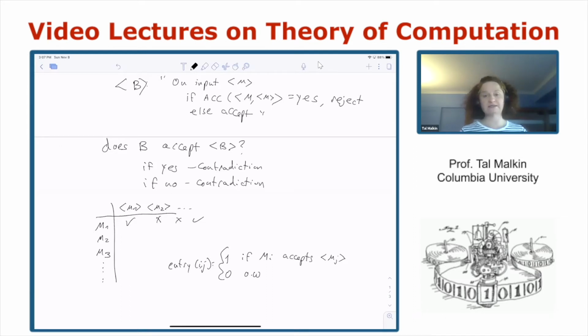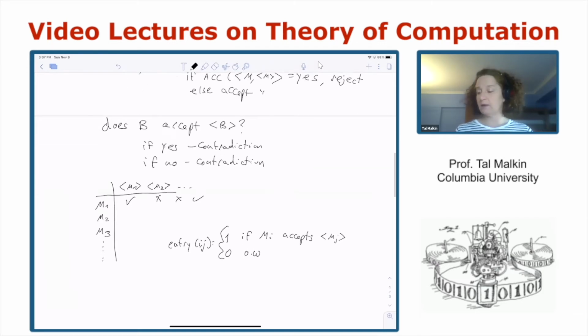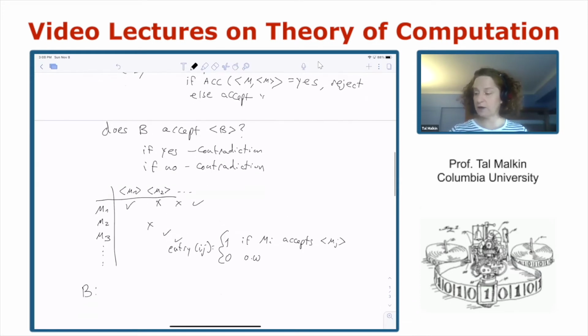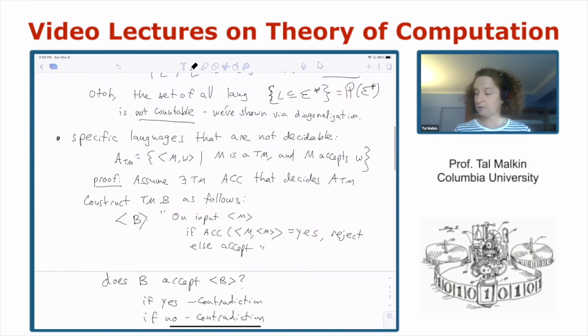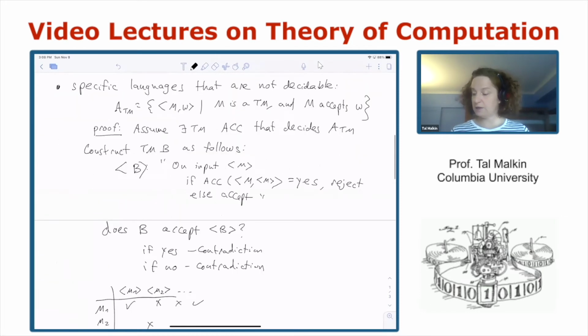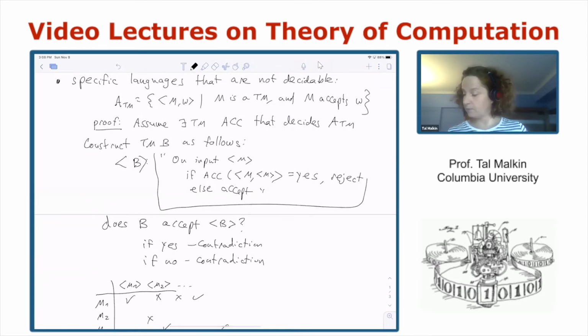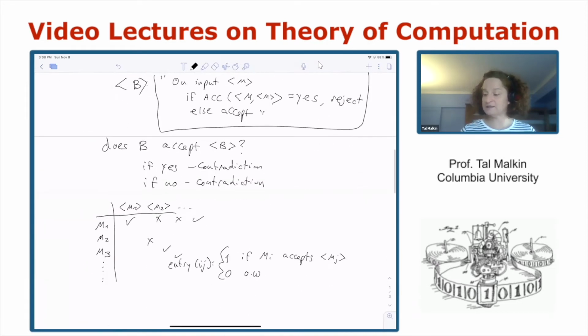So given this, if I had a decider for the acceptance problem, if I had a decider for ATM, I could then construct a Turing machine B, which would look at the diagonal and disagree with it, do the opposite for each diagonal entry. Now I can build a Turing machine B which is exactly the one we saw before. It exactly disagrees with the diagonal.